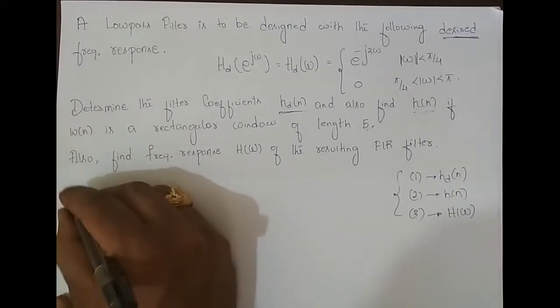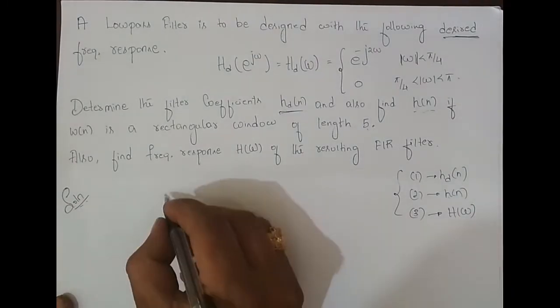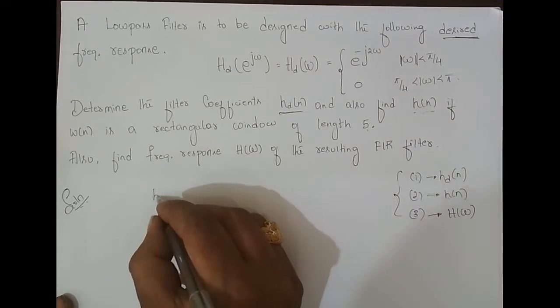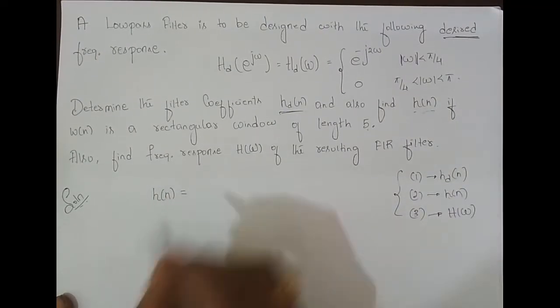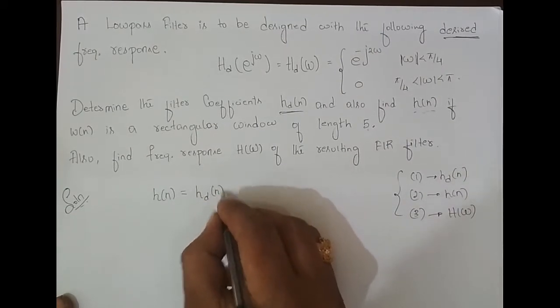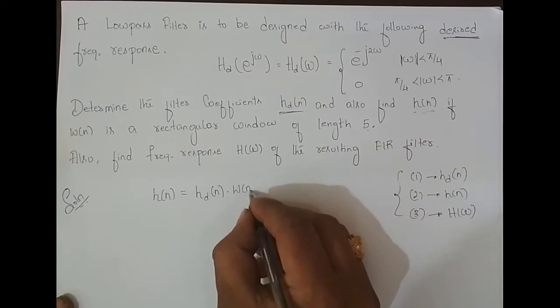Okay, so solution. The relationship between HD of n and h of n is that h of n is equal to the desired impulse response HD of n multiplied with the given window function w of n.